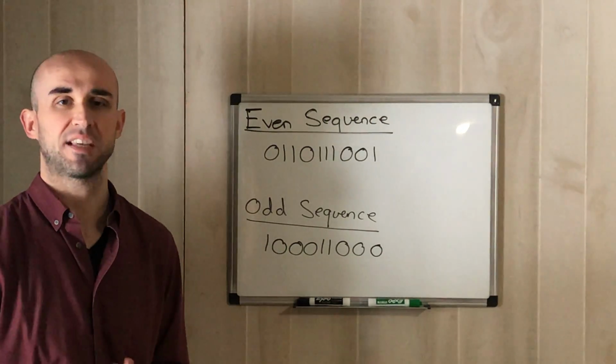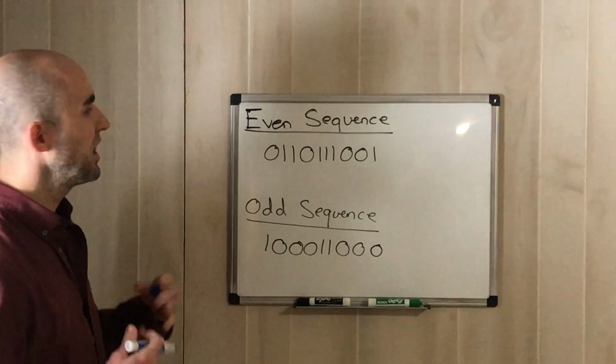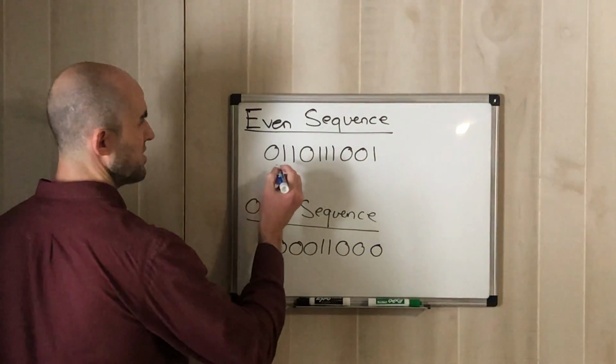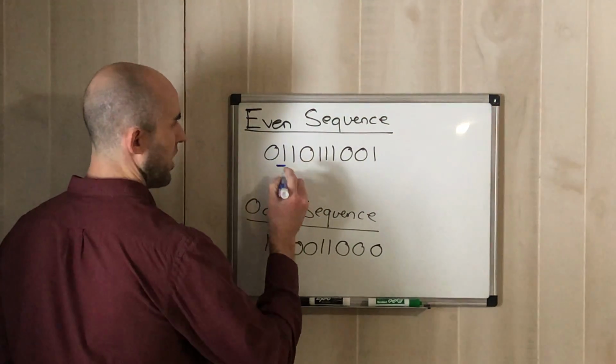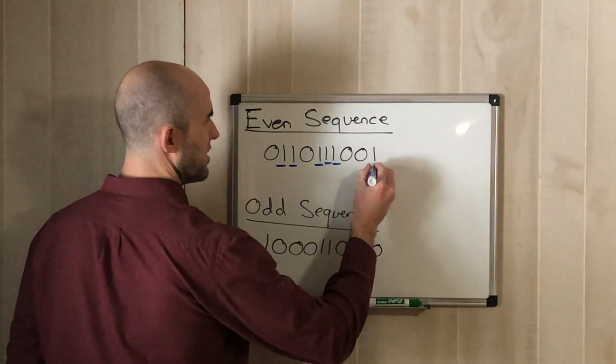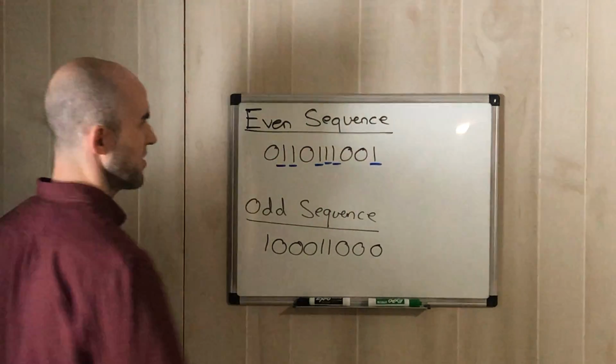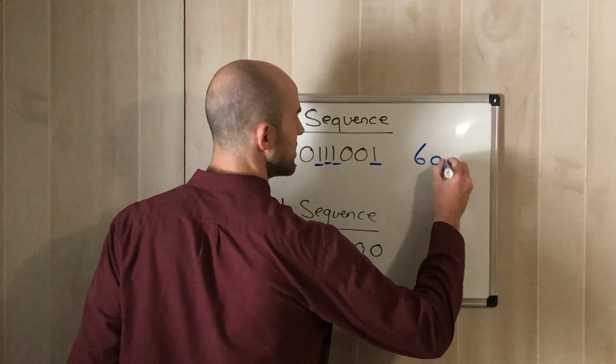The ones represent information that we have. The zeros mean we just don't have it, right? So we look at the ones, and when we look at the ones, we see this one has 1, 2, 3, 4, 5, 6, right? We have 6 ones.